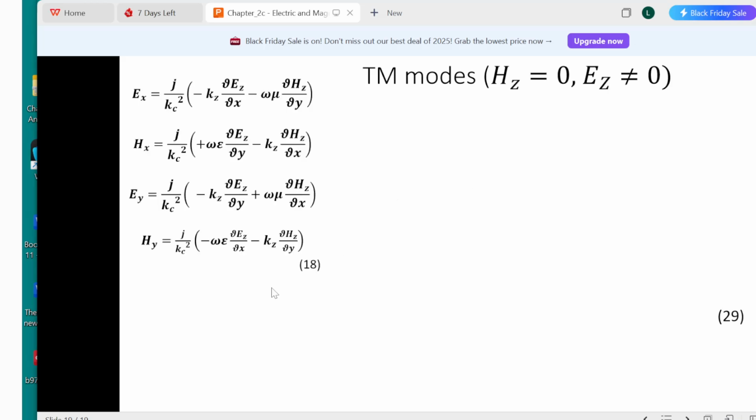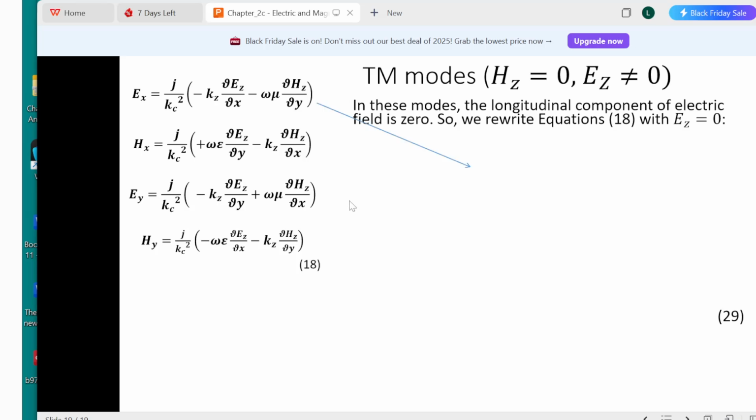Again, we bring up equation 18. What we need to do is substitute H of z equal to 0 into all of these equations. This one, this one, this one, this one. Then we will get this.